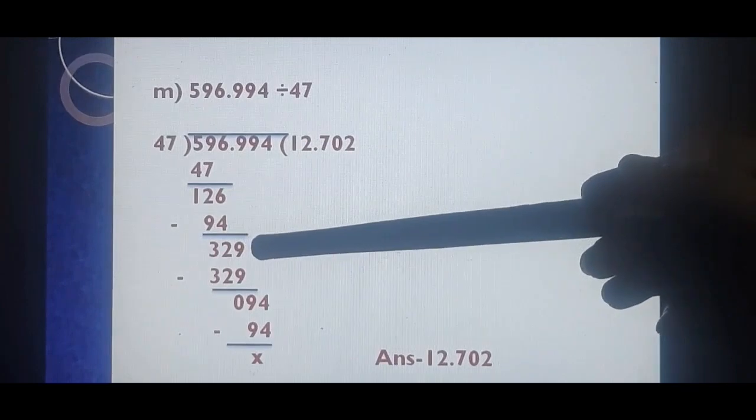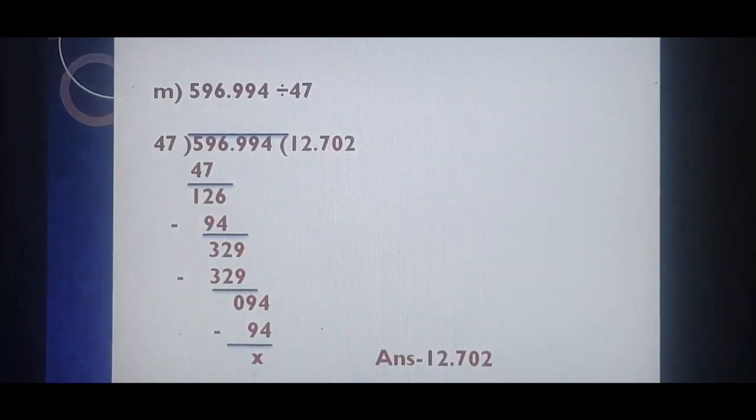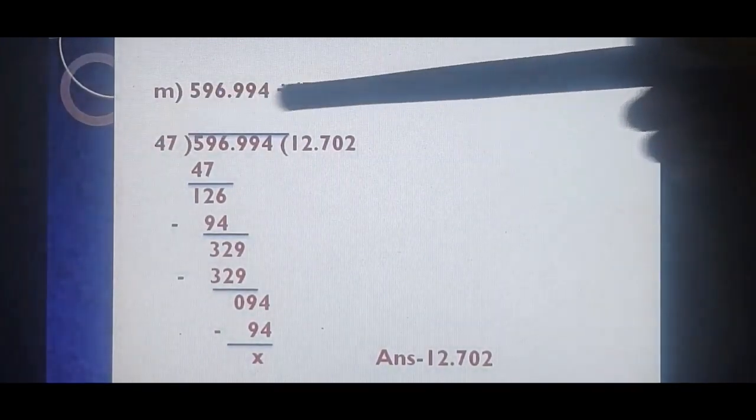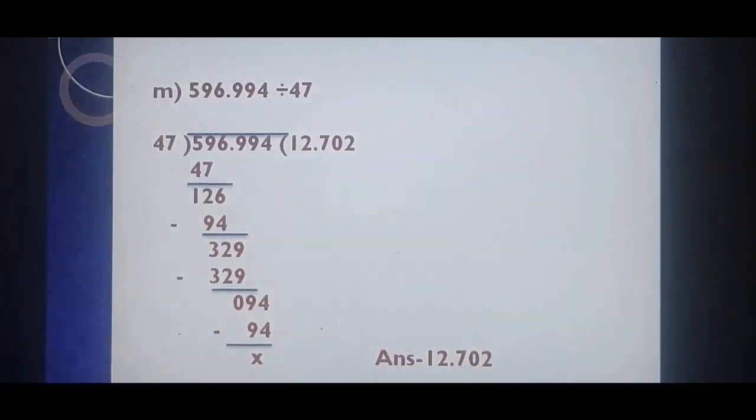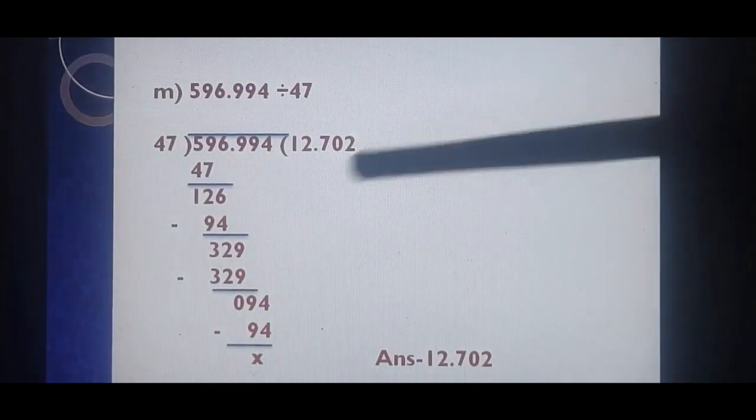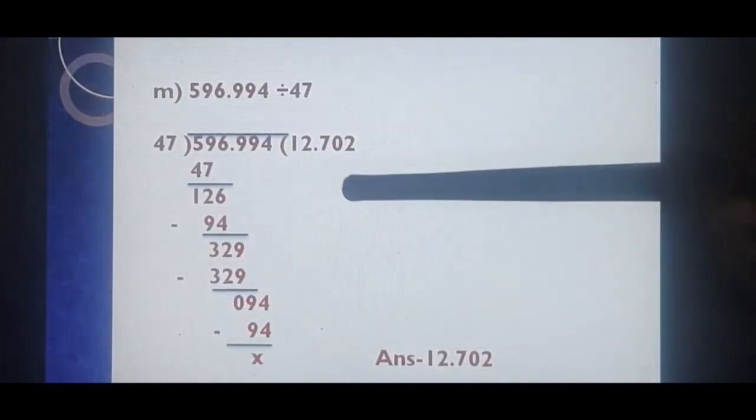So the number is now 32. We will take the next digit 9. It has become 329. 47 sevens are 329. Right? Now 329 minus 329. Remainder is 0.